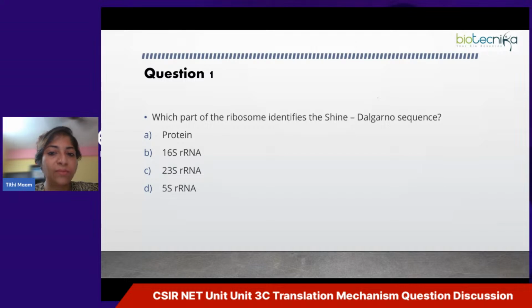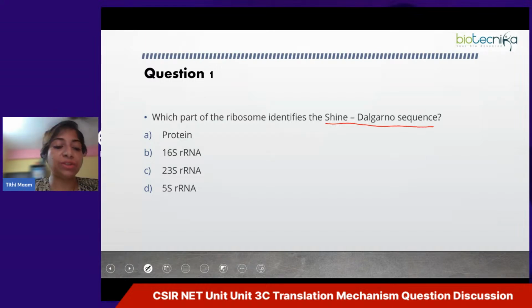Before we answer this, first tell me what the Shine-Dalgarno sequence is, and where it is present. Absolutely correct, Mayank. The Shine-Dalgarno sequence is present on the 5 prime side of the mRNA.